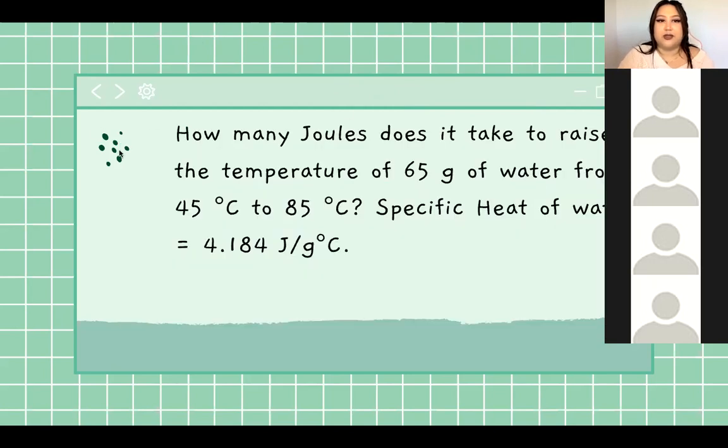Now actually applying the formula. How many joules does it take to raise the temperature of 65 grams of water from 45 degrees Celsius to 85 degrees Celsius? Specific heat of water is 4.184 joules per gram degree Celsius. Okay, I'm going to rewrite the equation here. Which variable are we solving for?